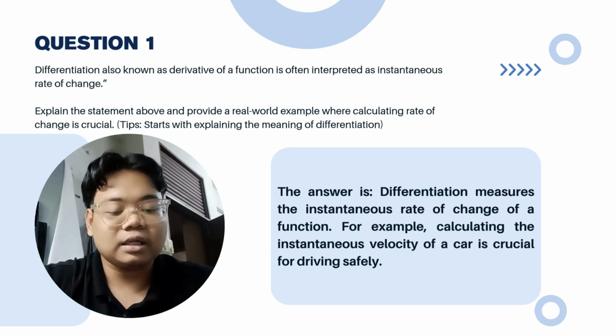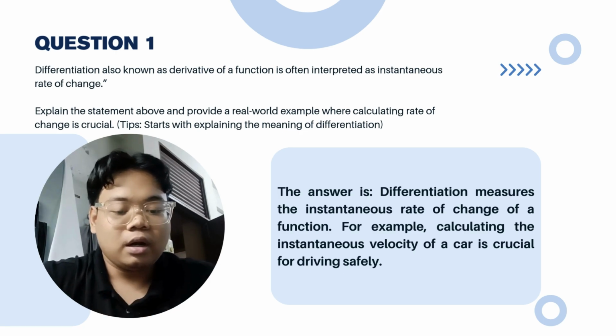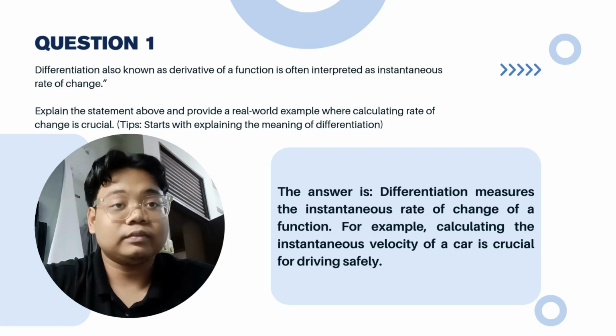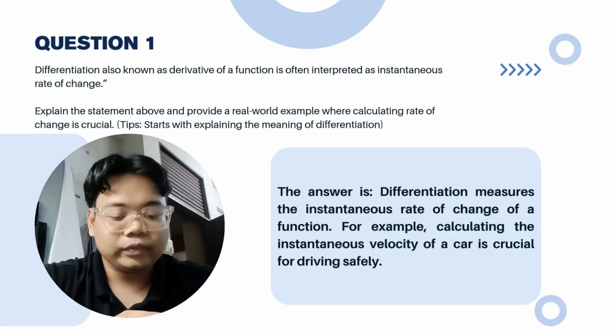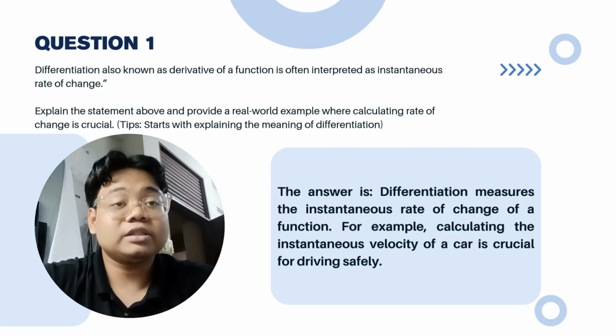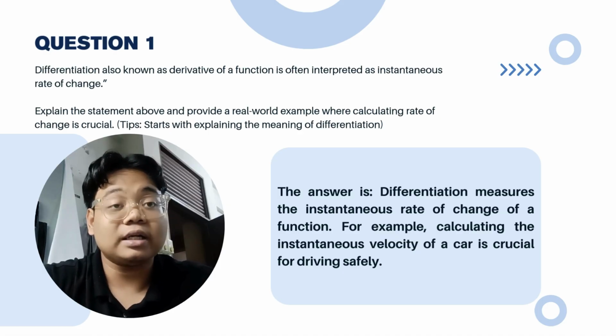That gives the car's instantaneous velocity at time t. Knowing the instantaneous velocity is crucial for controlling the car, especially in situations where quick reactions are necessary, such as avoiding collisions or maintaining a safe speed.